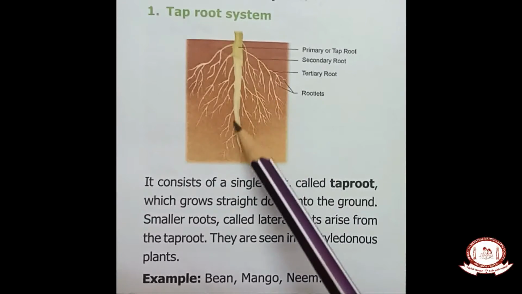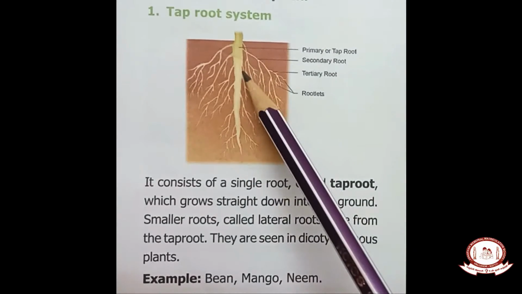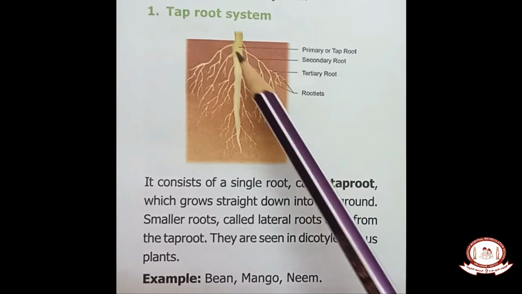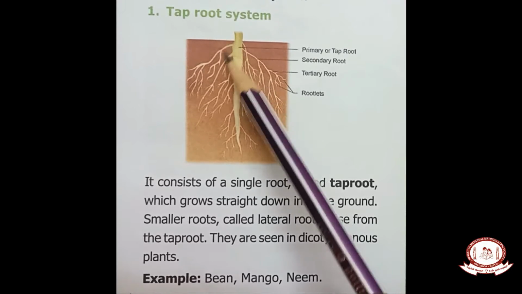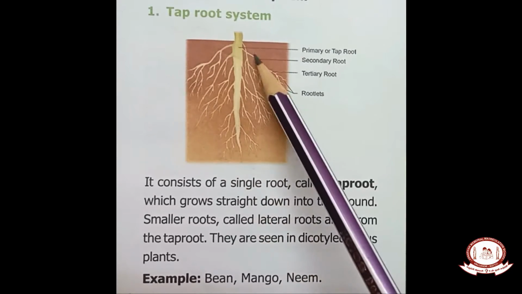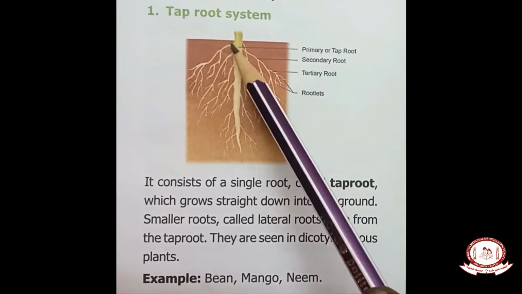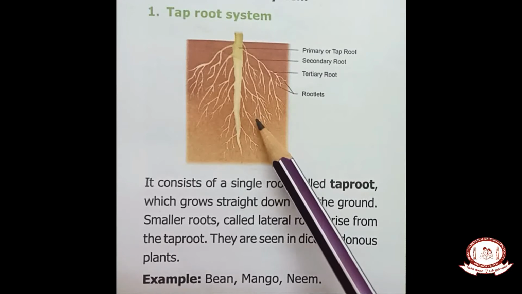The smaller roots arise laterally. You can say that is the secondary root, and the roots that arise from the secondary root are called tertiary roots. But all these roots arise laterally from the main root. They are called lateral roots.